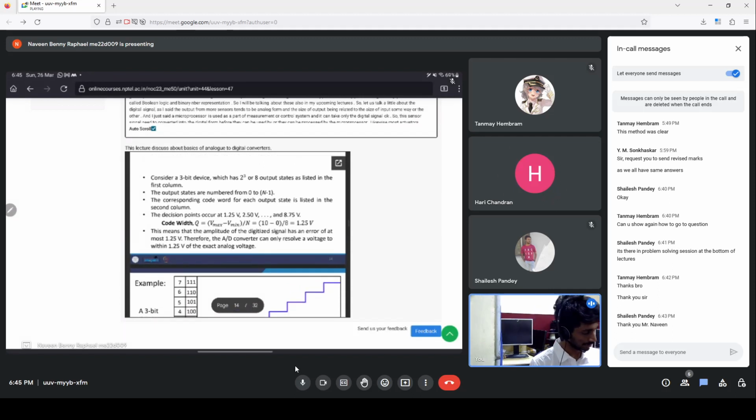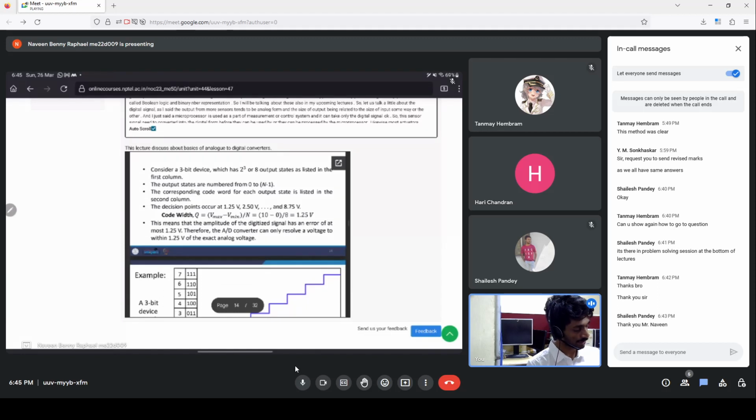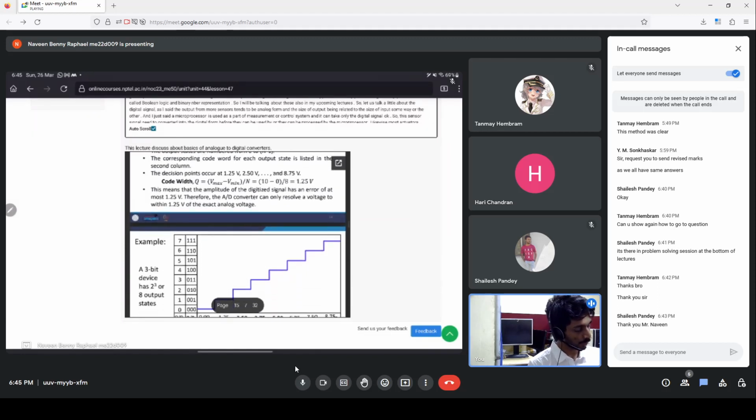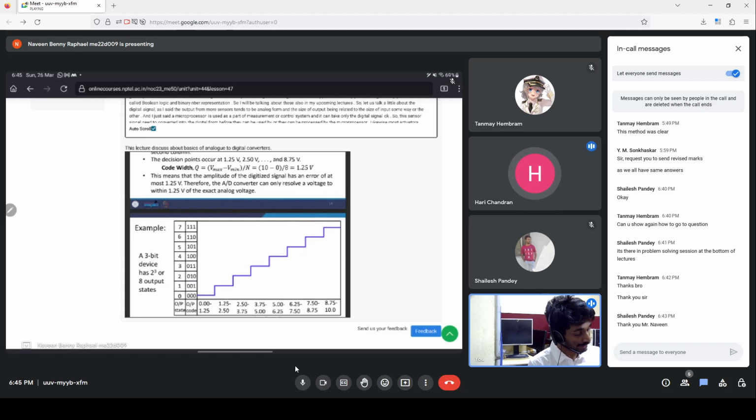For example, for 2 to the power 3, n minus 1 will be 7. So we can only represent things until 7, but we still have 8 divisions. And because there are 8 divisions, we must divide by 8.